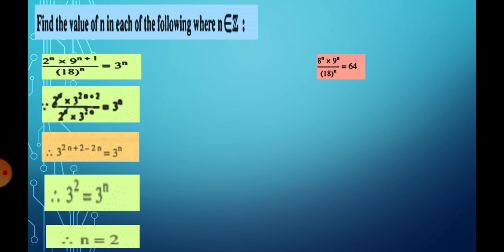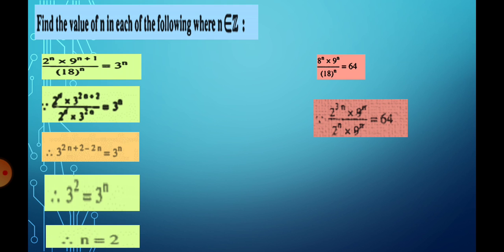8 to the power n times 9 to the power n over 18 to the power n equals 64. We simplify the left hand side. 8 means 2 to the power 3. 9 means 3 to the power 2. What about 18? It means 2 times 3 to the power 2. We can write it in the form 2 to the power 3n times 9 to the power n over 2 to the power n times 9 to the power n.